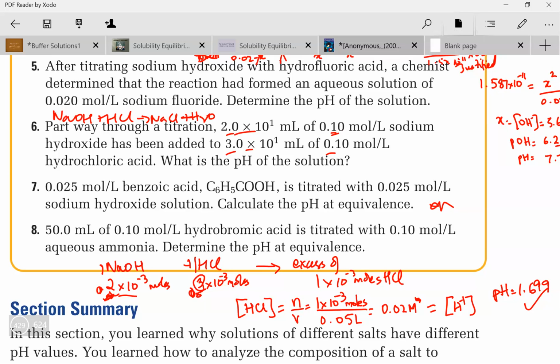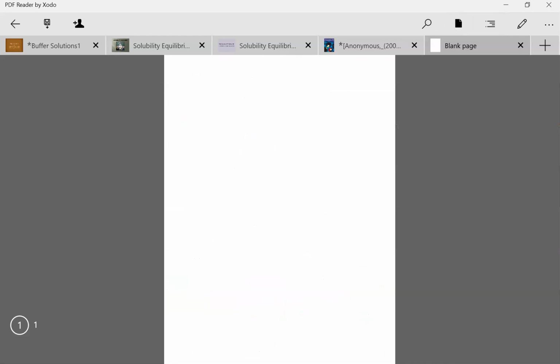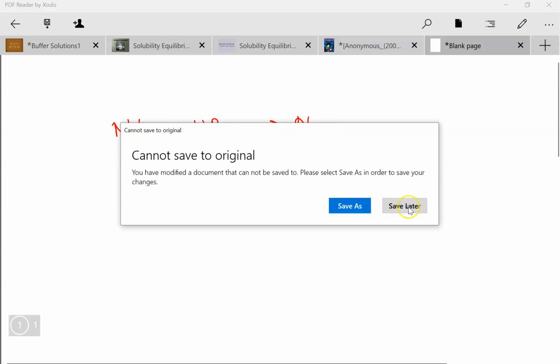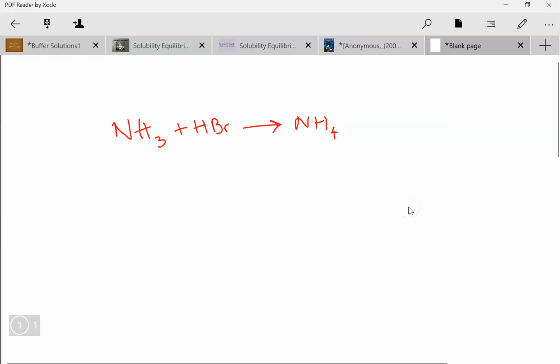So we're going to write the neutralization reaction first. Aqueous ammonia is reacting with hydrobromic acid in a neutralization reaction, so this is essentially a complete reaction. And that's going to be NH4Br. And again, these are aqueous, so there's water in the solution, but we don't necessarily have to write that.